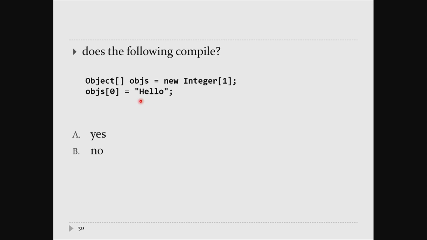So what does the compiler do? It says, what's the declared type of objs? Well, it's Object. It's an array of Objects, so yes, I can store that in the array of Object. So unfortunately, this compiles in Java, and without any warning, even though your actual array is an array of Integer. So yes, it compiles.